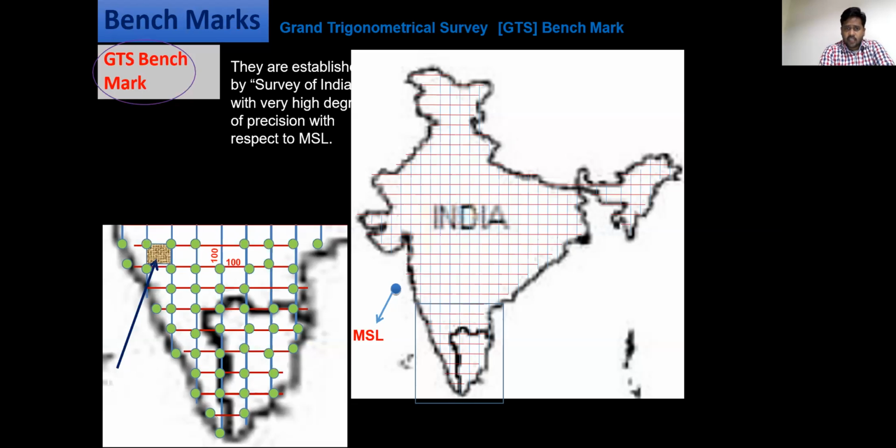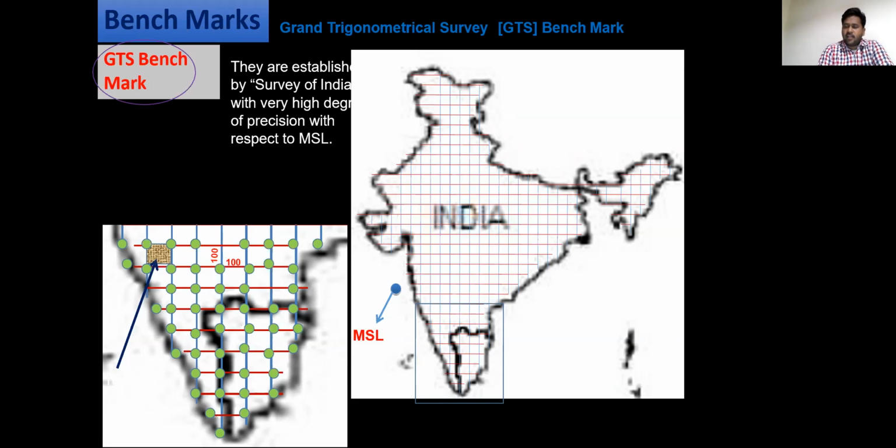See, in Hyderabad, in Uppal, there is this Survey of India where we get all the maps of India. So this Survey of India will prepare maps with a high degree of precision. Whatever maps we are preparing, whatever elevations are shown on those maps will be with respect to mean sea level.